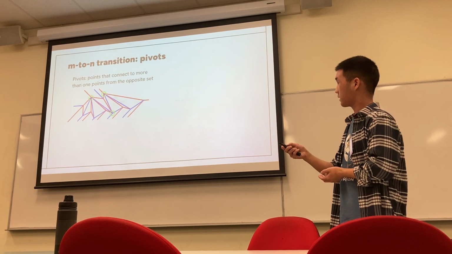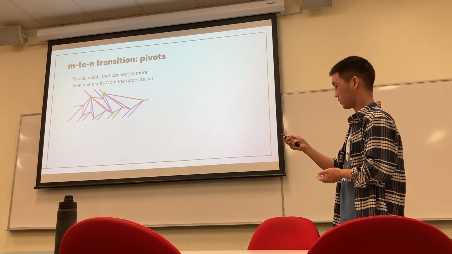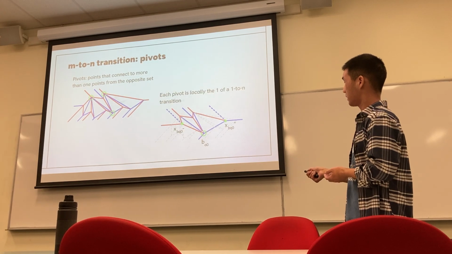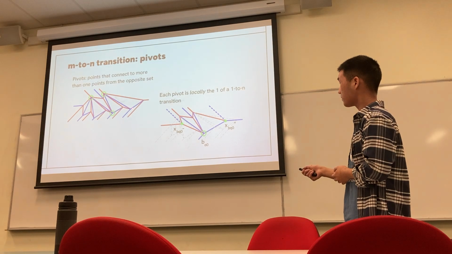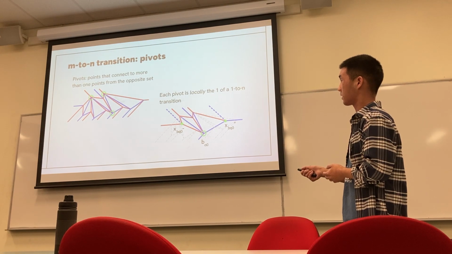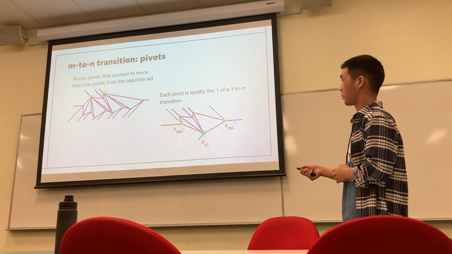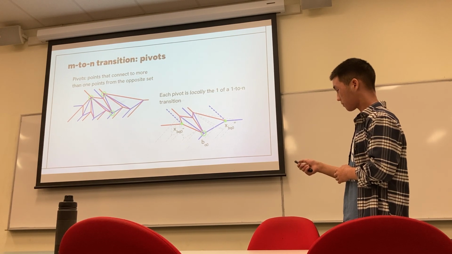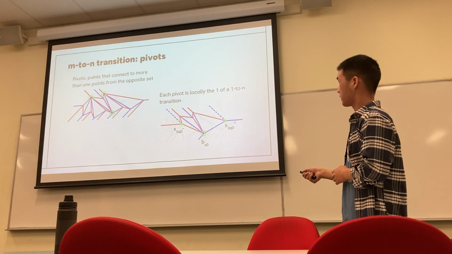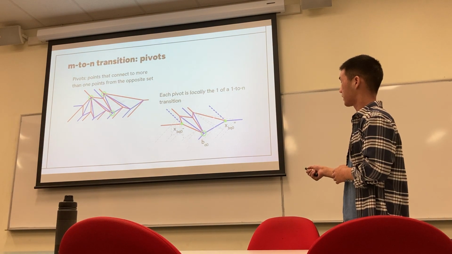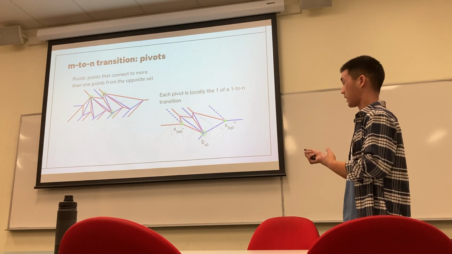The reason why we're going to call out these points in particular is because they can be locally turned into a 1 to n case. So for example, this point here is connected to all three points in A, and it's connected to one neighbor on this side and one neighbor on that side. What we can do is replace the creases that go to the neighbors with these 2 auxiliary points, x minus and x plus.